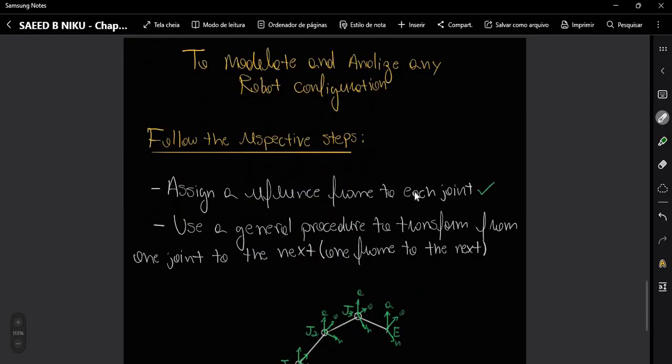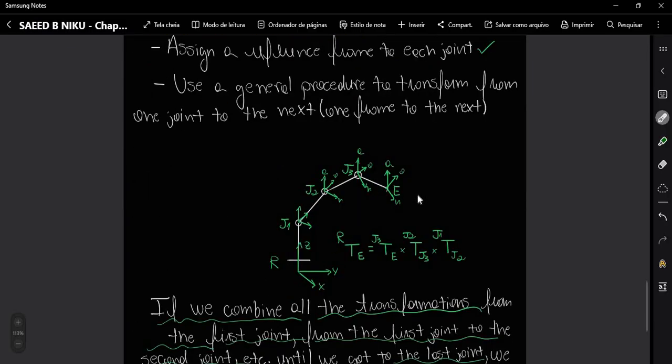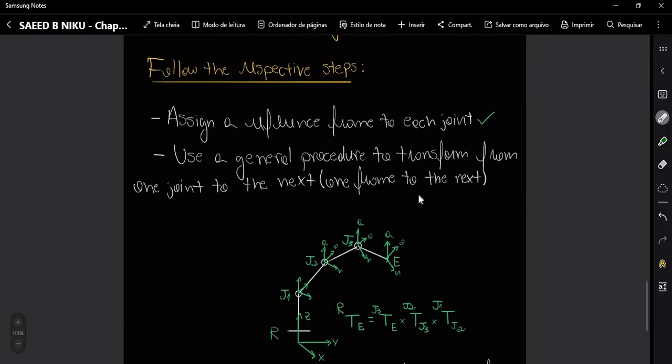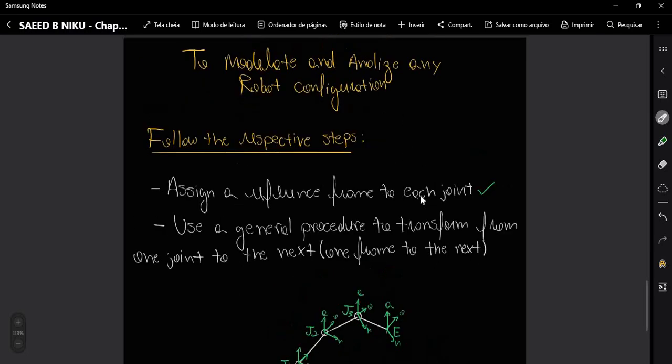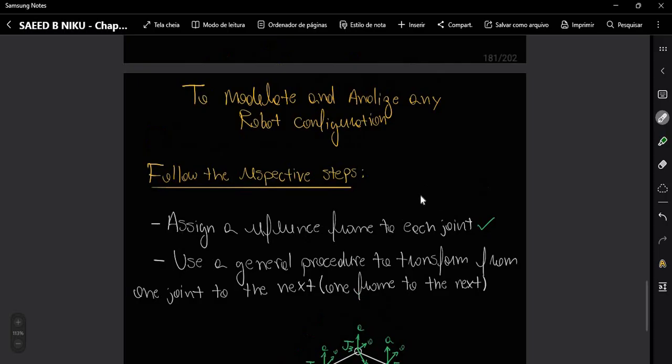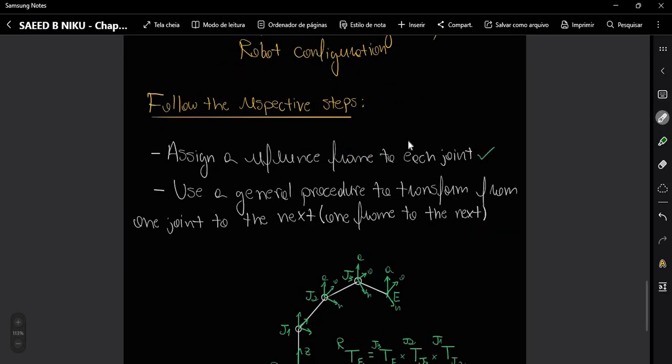Okay, what else? We have a procedure to use DH representation. So to model and analyze any robot configuration using DH, we need to follow these respective steps.